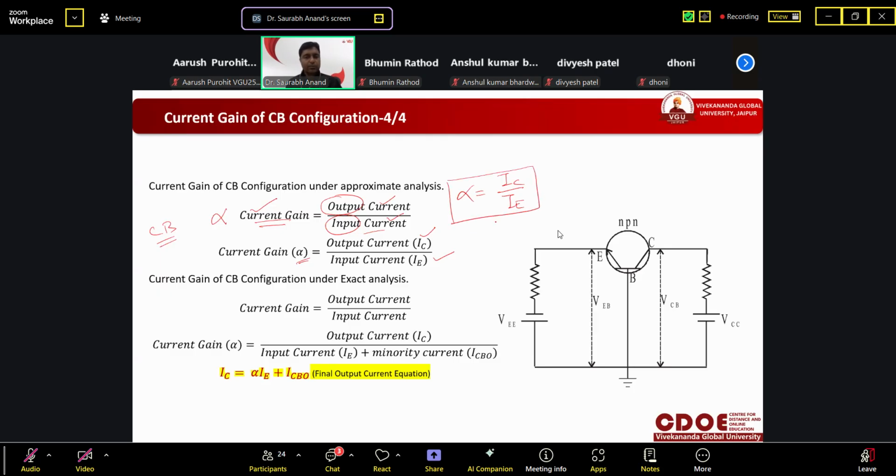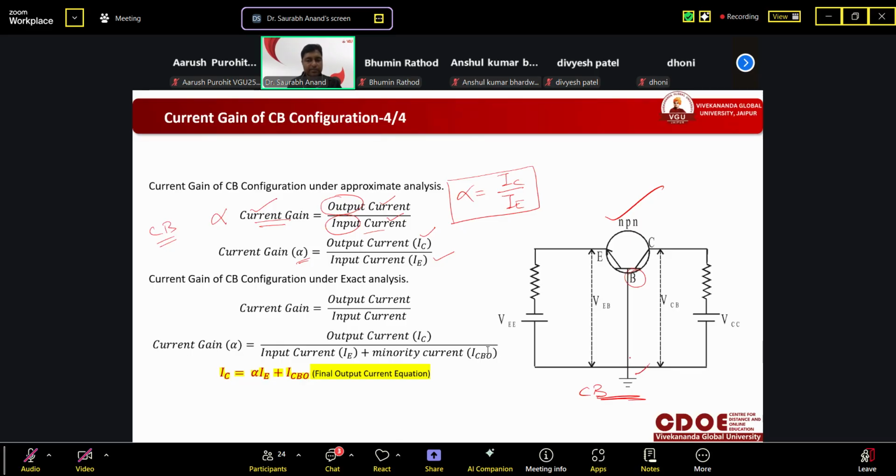Whenever you are asked to calculate the current gain in common base configuration, the configuration may or may not be given. So you have to find it by seeing the circuit diagram. If I give you this circuit diagram and have not written anything below it, then you have to understand it is common base, because base is common here.